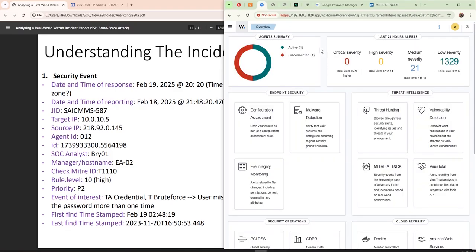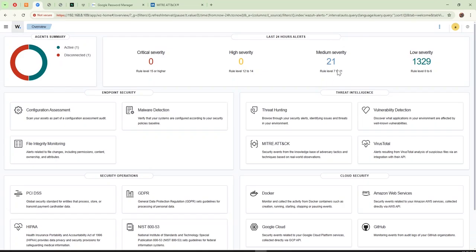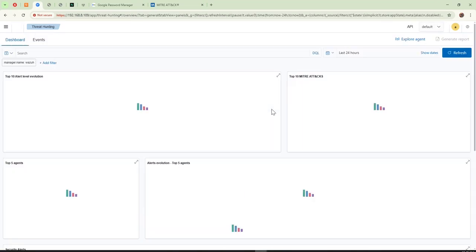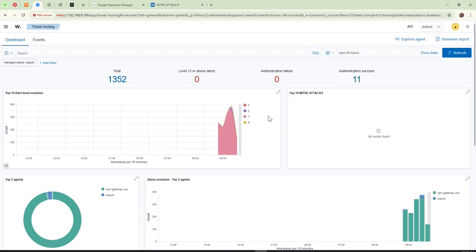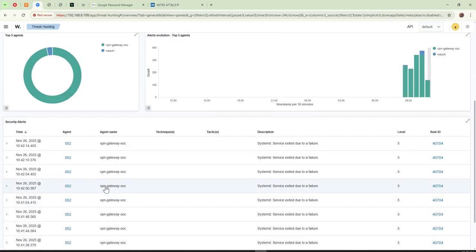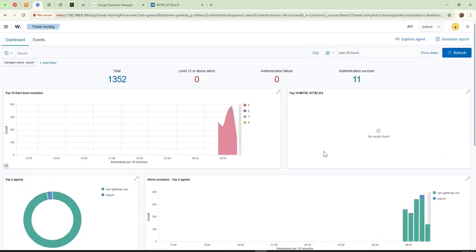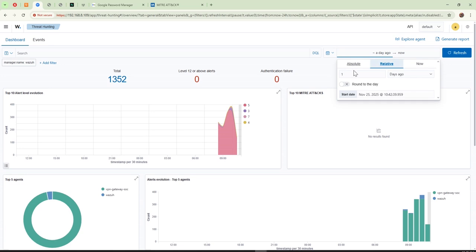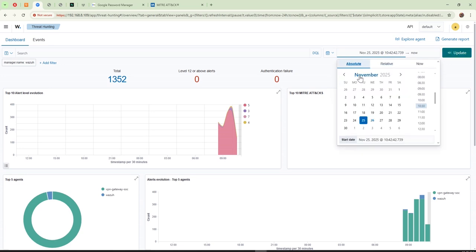So on the normal dashboard, I went to threat hunting, scroll down, and just picked anyone that is of interest to me. Let me find the ones that will have techniques and tactics. Go back.